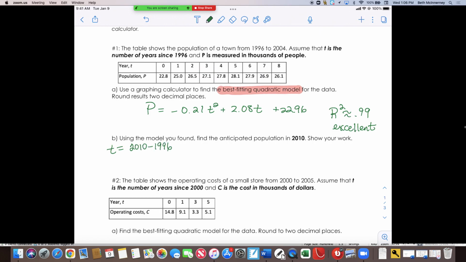Yeah, it's since 1996, so you take your 2010 minus 1996, which is 14. All right, so let me give you a moment to calculate it.